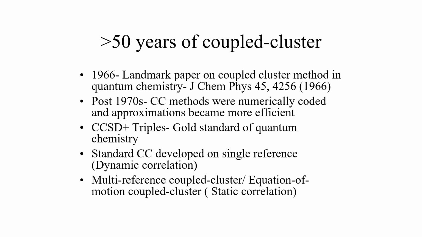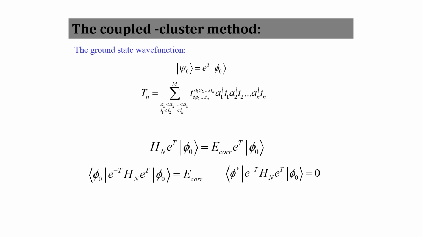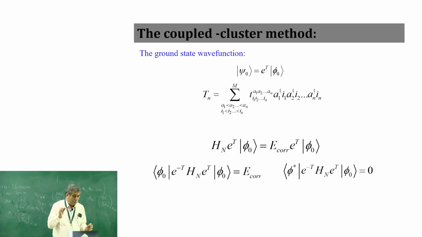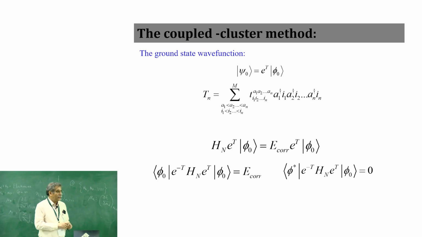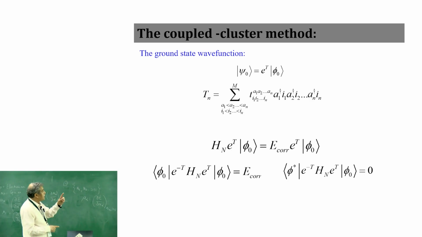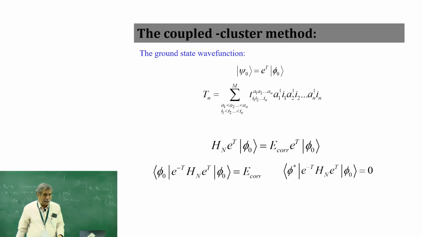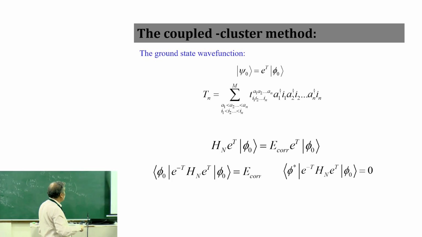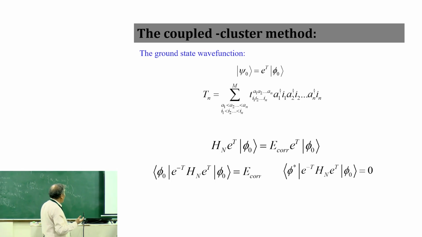But coupled cluster has a very different philosophy because it is a nonlinear wave function, as you can see. I just wanted to tell those who are not really familiar with second quantization that these operators are used in a second quantized notation, the Tn operator, and you will see that there are some daggers on top, which means those are created, and those which have no dagger are annihilated.